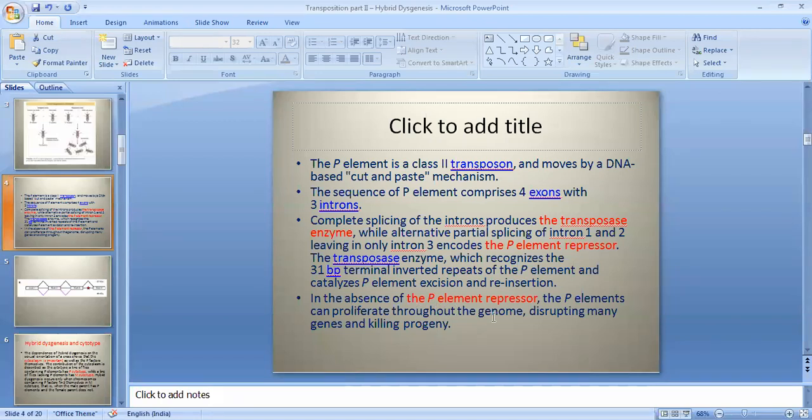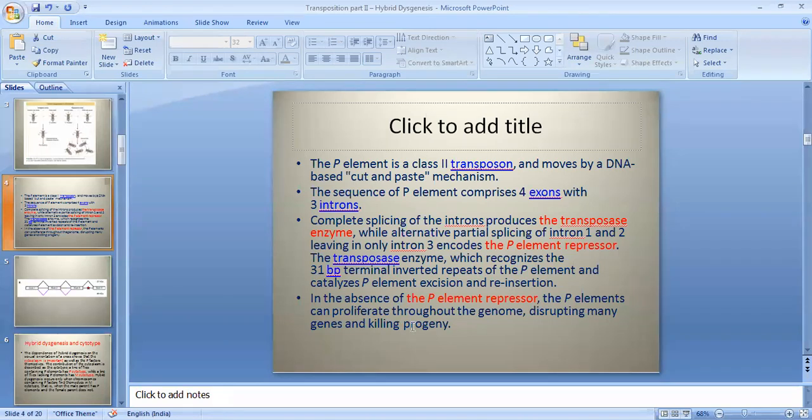Okay, now the question is: if a P element is there without the repressor, then the P element will proliferate and the cell or the organism will get killed. Now you see that it is written over here progeny.